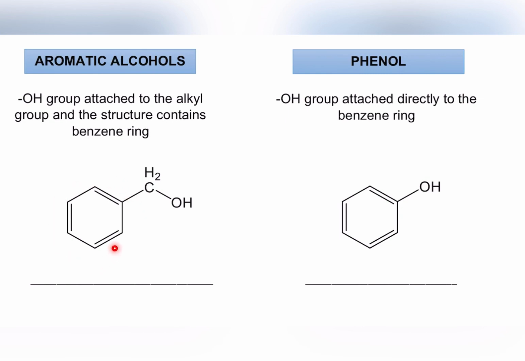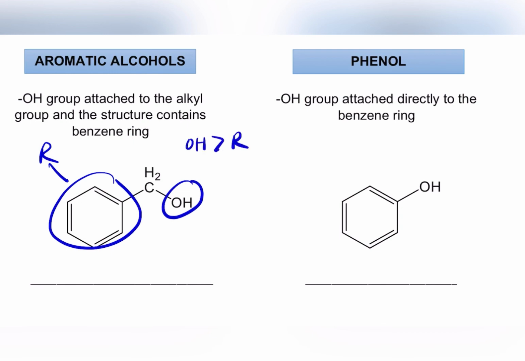So how do you want to give the name for this one? Please remember, we are going to choose by using the priority case, where between the alkyl group, benzene and hydroxyl, which one has more priority? This one is R and this one is hydroxy. So OH has more priority than the alkyl group.